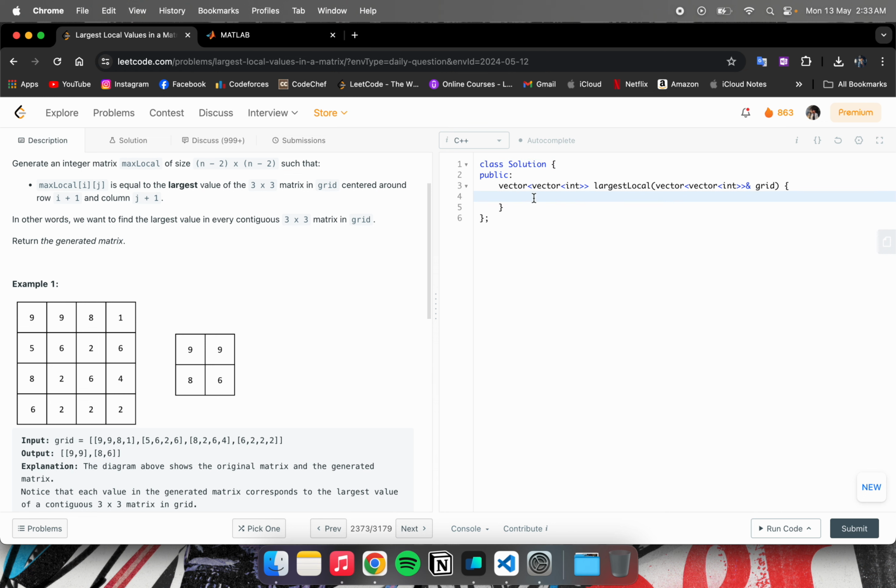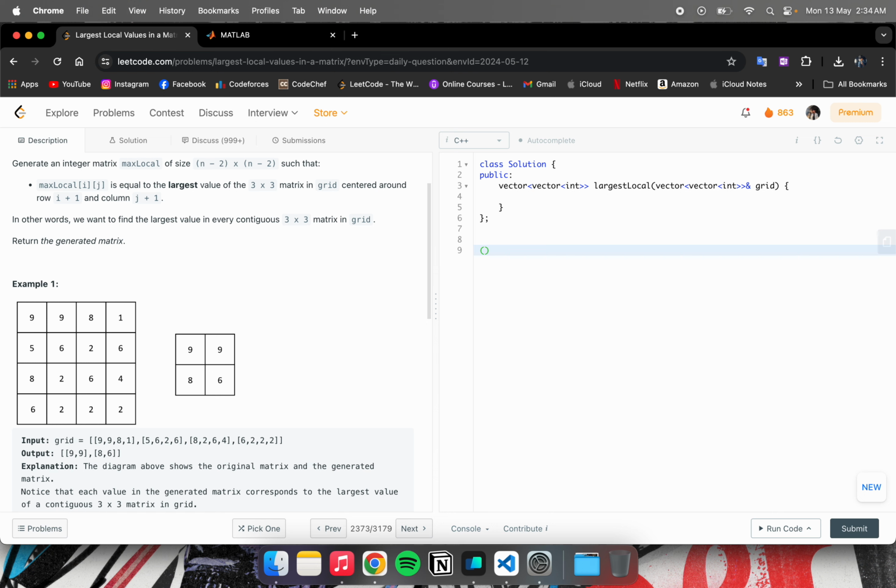I'll just code it out, but I want to say that if I have a matrix centered at i comma j, and we have a 3 cross 3 matrix, what are all the elements that will be present in it?